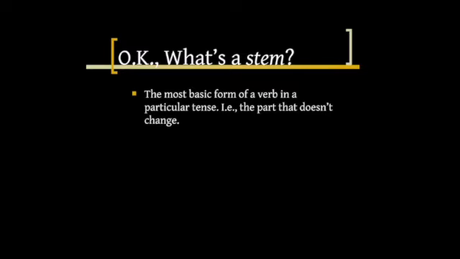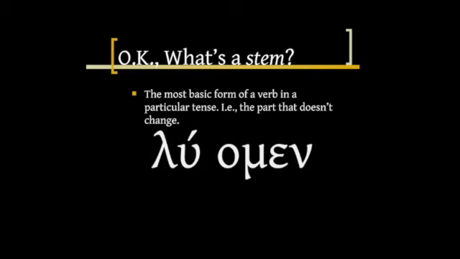So what is the stem? The stem is the most basic form of a verb in a particular tense. And so the part that doesn't change. For example, we have luomen. And so when we change it to the future, we're going to remove the extras, and we're going to get lusete.